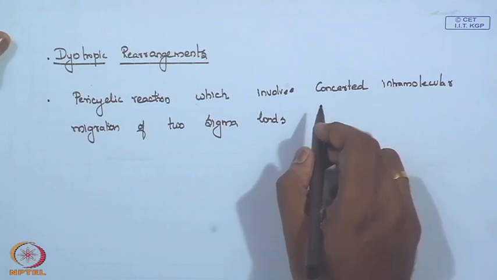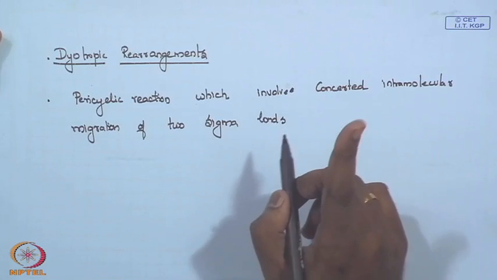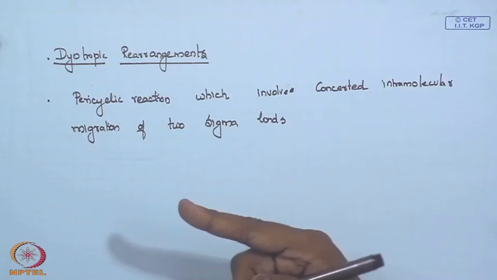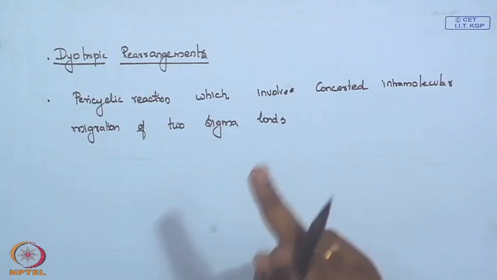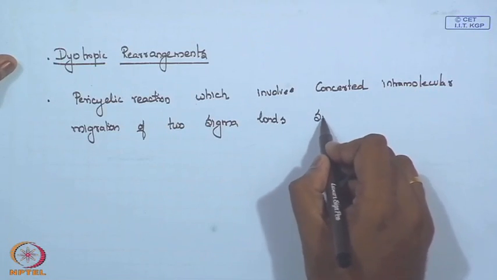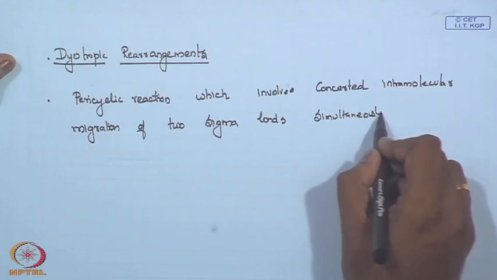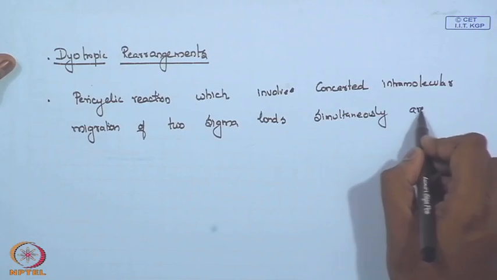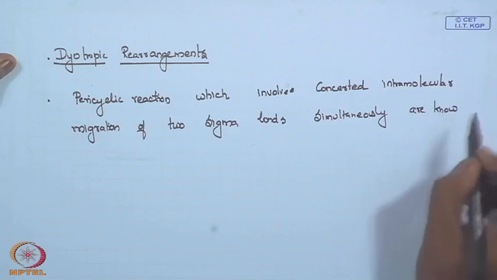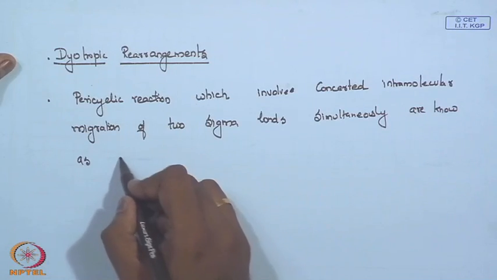Very important: it should be concerted, it should be an intramolecular migration of two sigma bonds simultaneously. These are known as dyotropic rearrangements.